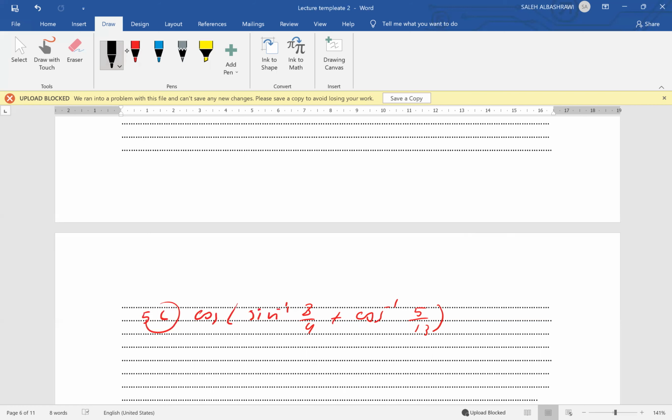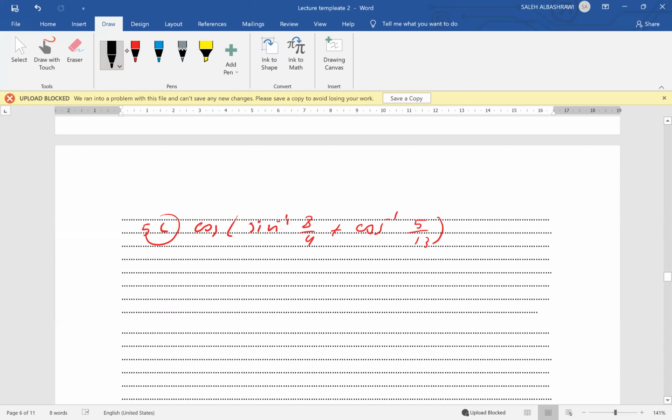I can use the sum of two angles identities. I can write it as cosine of alpha plus beta, where sine inverse 3 over 4 equal to alpha.